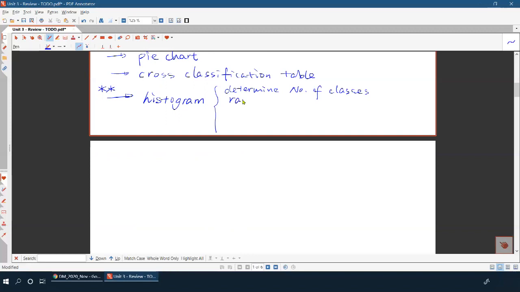Second, you need to determine what the range is. Next, you need to decide class intervals. Next, you need to count the frequency of each class. And last, draw the corresponding histogram.